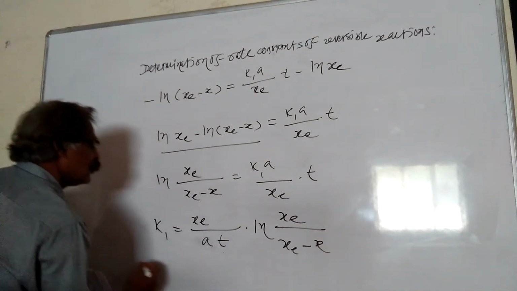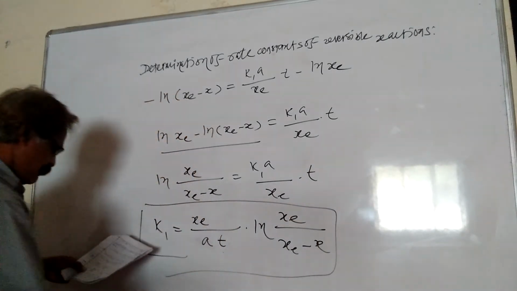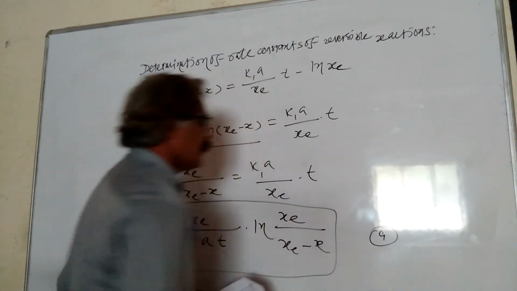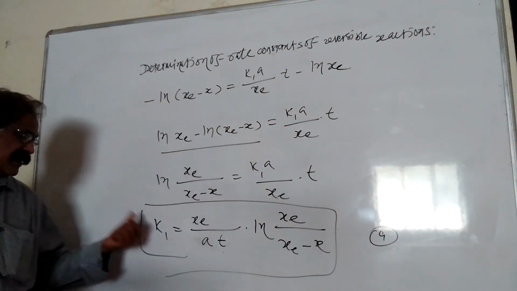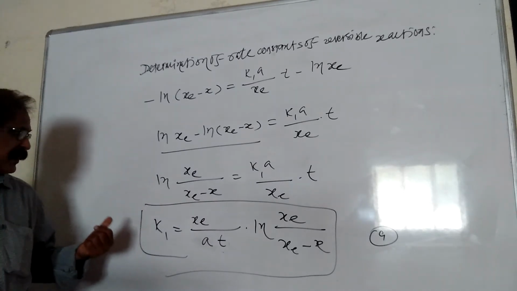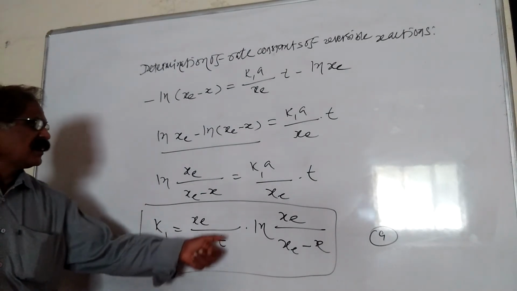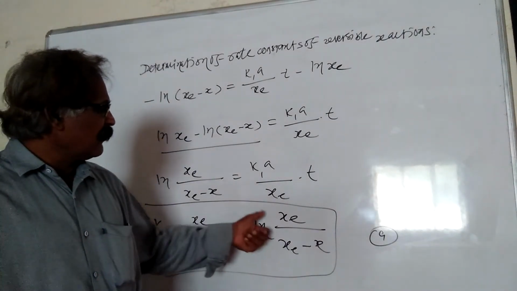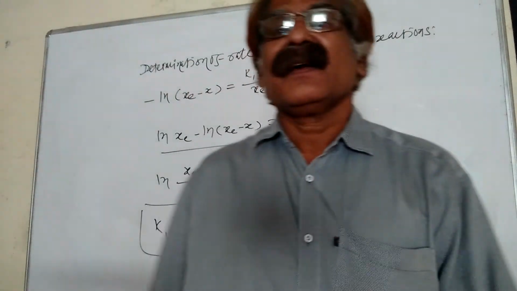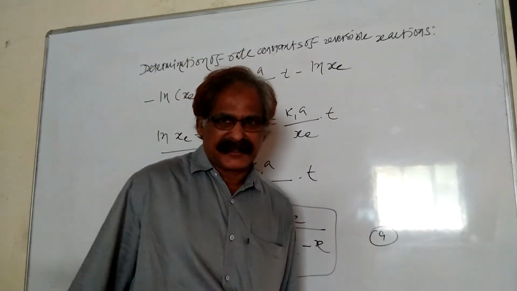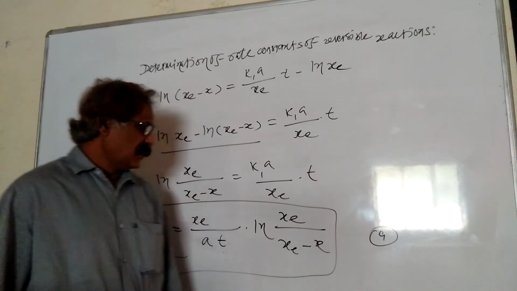This is equation number 9. When we look at equation number 9, we see that k1 is equal to xe upon a into t into natural logarithm of xe upon xe minus x. What is k1? The rate constant of forward reaction.